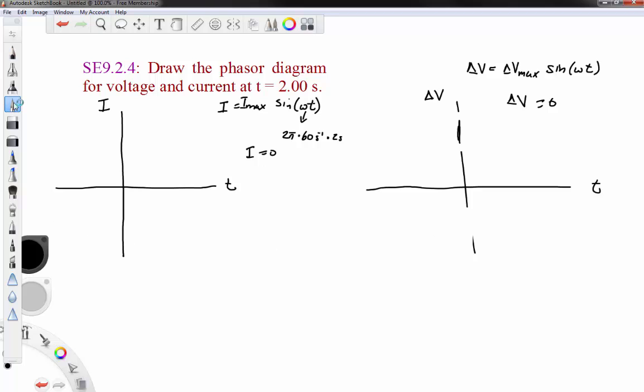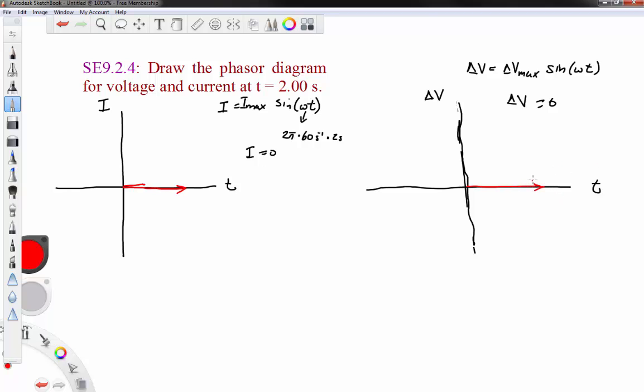So what we have to do at this point is to draw out the two phasors, and both of them are basically going to be just along the horizontal axis like this. And so both phasors will basically look the same. They look like this.